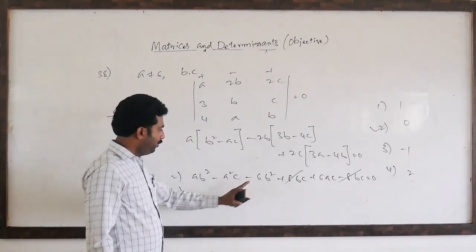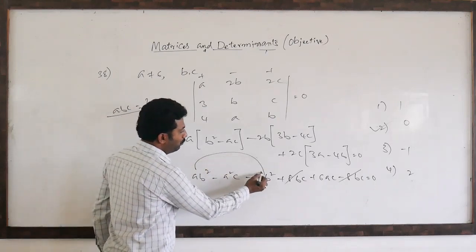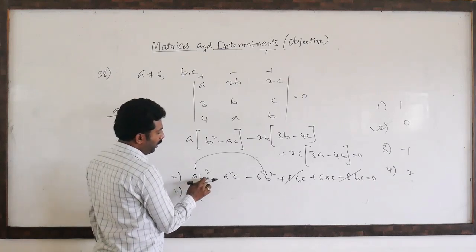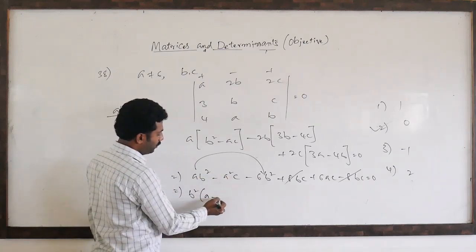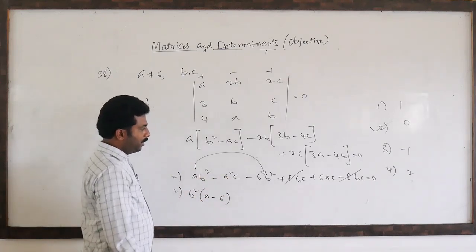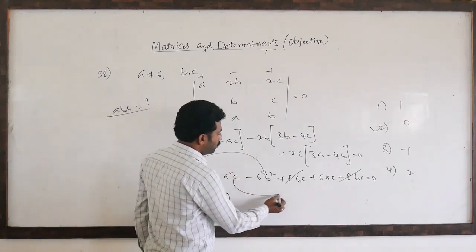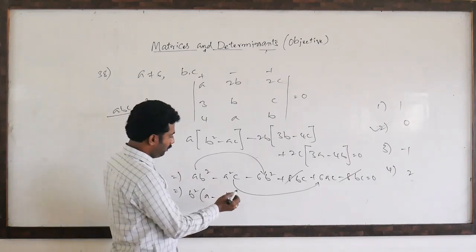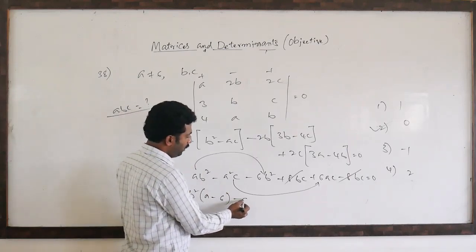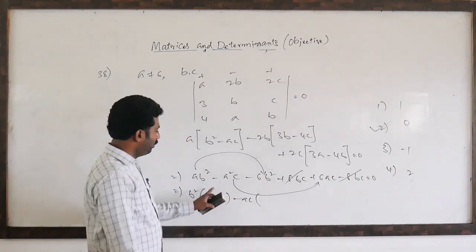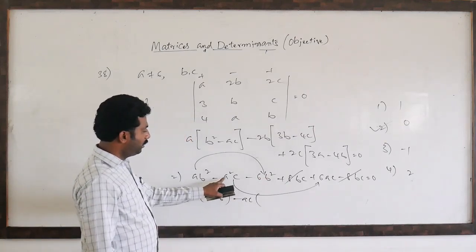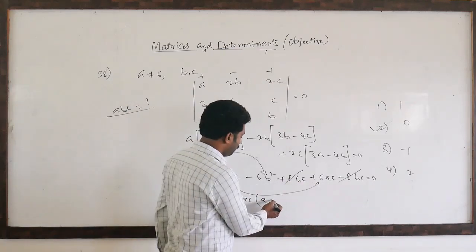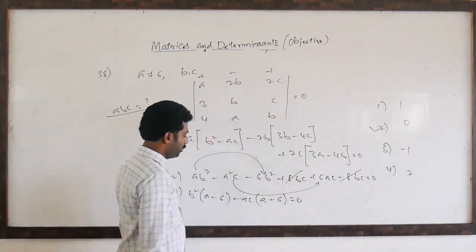Then here b square. From these two, I am taking b square common, then a minus 6. Next step, from these two you observe, if I take minus ac common, then finally here a minus 6 equal to 0.